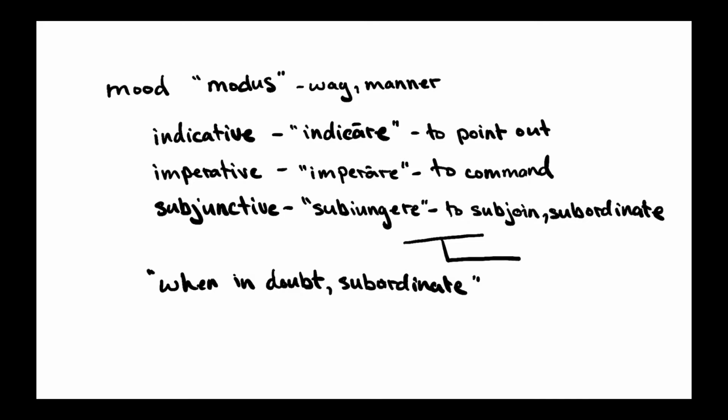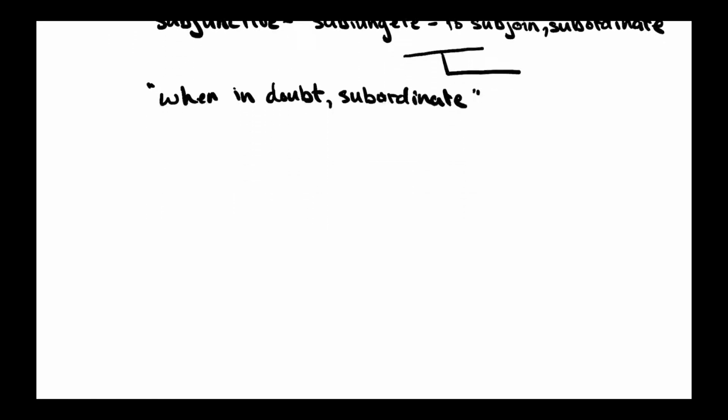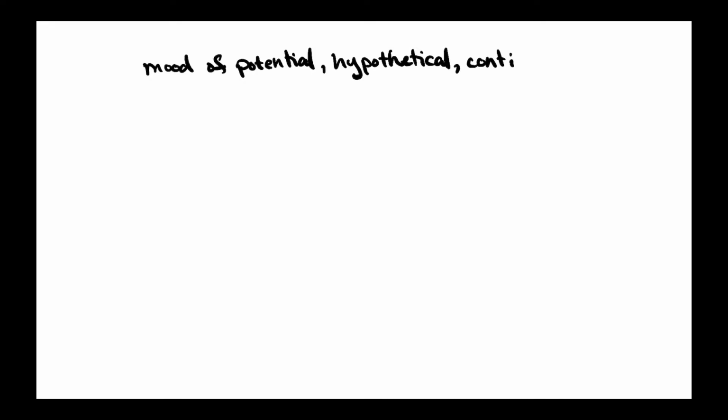All right, so further then, what does that mean for the subjunctive? Well, that means that the subjunctive mood is a mood of potential. It's a hypothetical action. It's a contingent action, as we could see from the image above. It shows contingency.